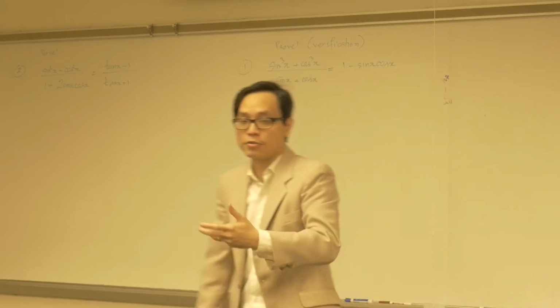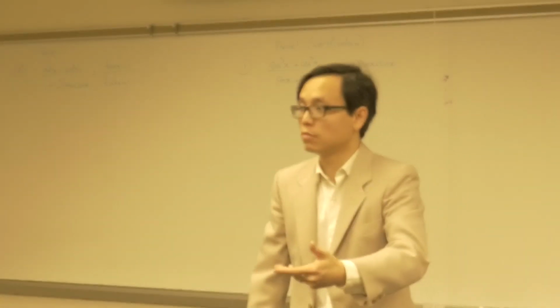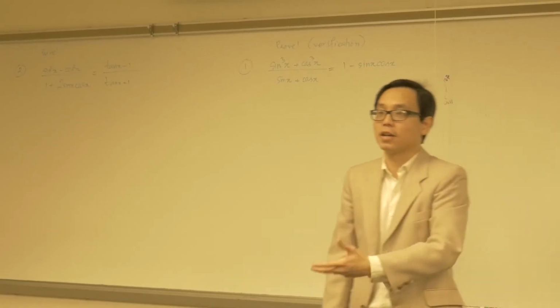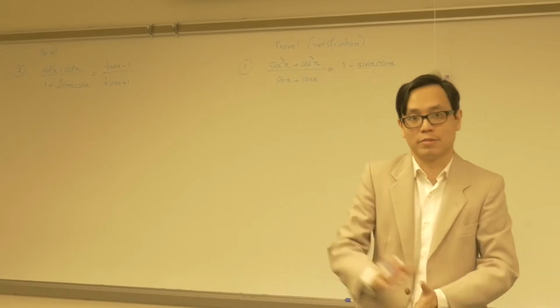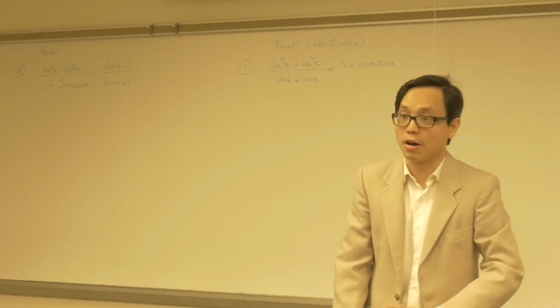So that's how we learn that when we try to verify a trigonometry expression, there are three strategies. We can go from left to right, or we can go from right to left, or we can go from both sides, depending on which side has more functions than the other. That is our strategy. I think it works all the time. Well, you can start from the side that has fewer functions, that's fine, but it's going to give you a hard time, okay?